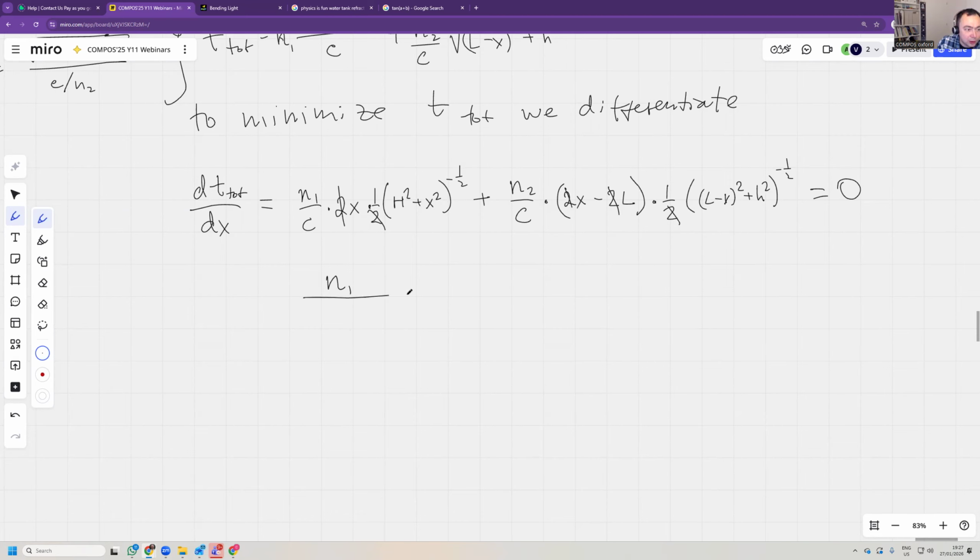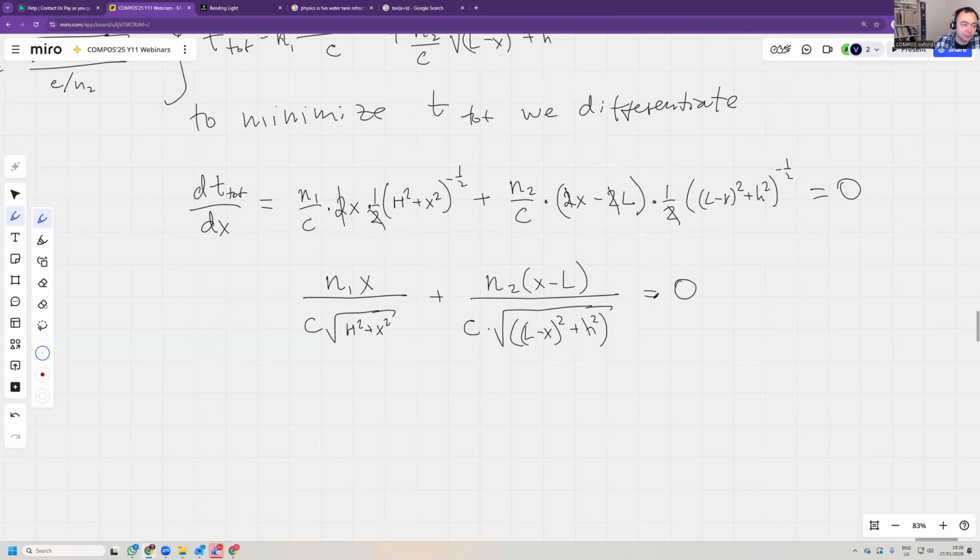n1 x over c square root of h squared plus x squared, plus n2 times x minus l over c multiplied by square root of l minus x squared plus h squared. And that must equal 0.